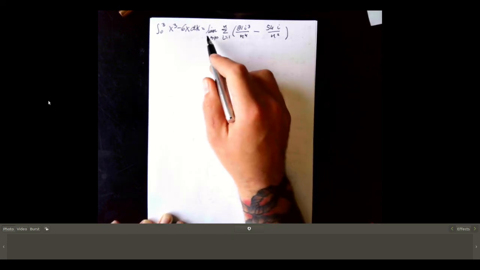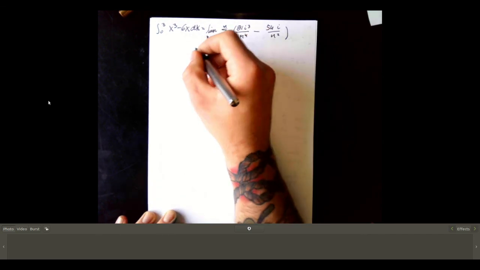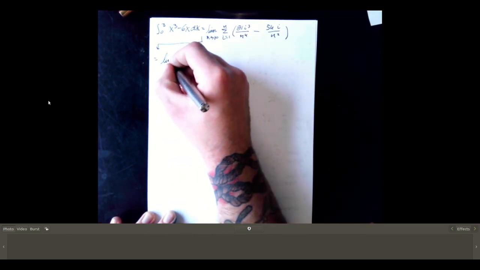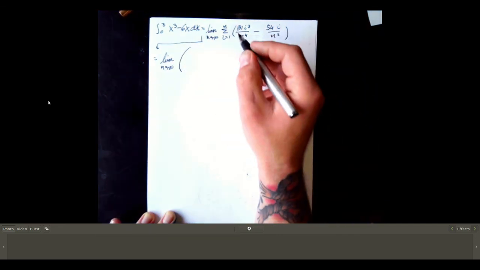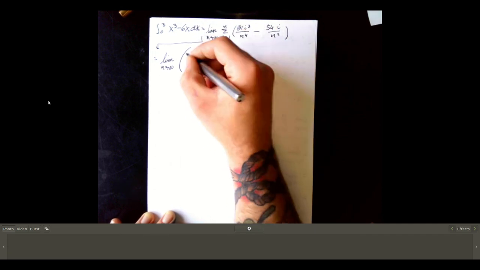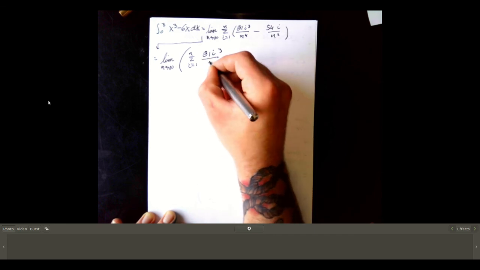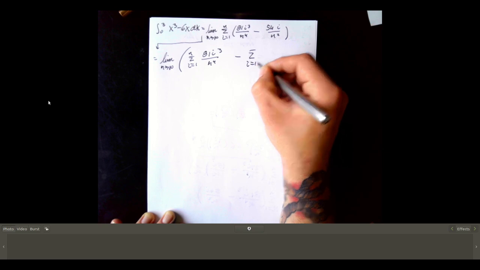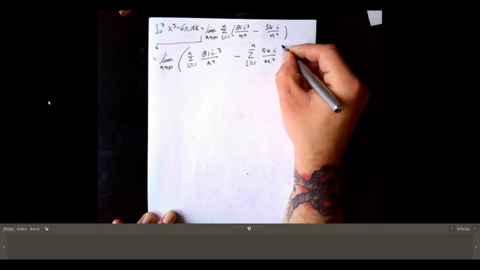So now we're going to use our rule that says we can break up sums at addition and subtraction. So this is going to be equal to the limit as n goes off to infinity of the sum from i equals 1 to n of 81i cubed over n to the fourth minus the sum from i equals 1 to n of 54i divided by n squared.